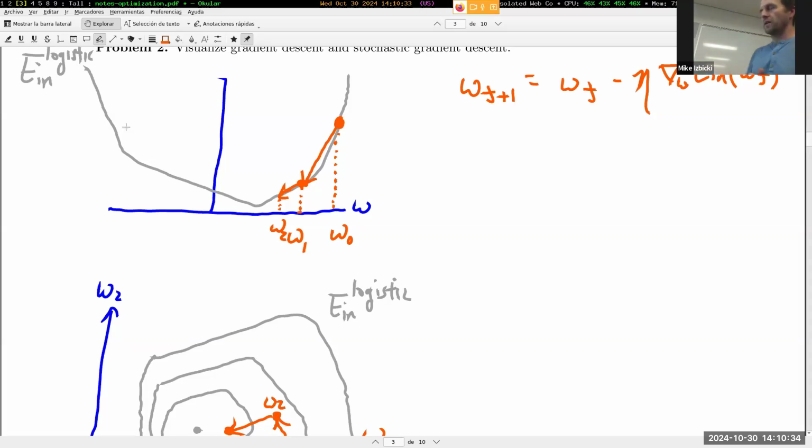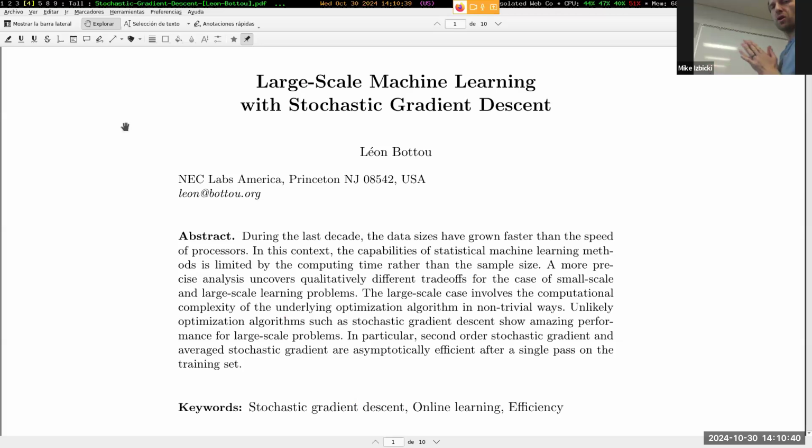What I'm going to do next is switch our screen for a second over to this Leon Bottou paper about large-scale machine learning with stochastic gradient descent. The textbook, again, doesn't really talk about the math or details behind gradient descent versus stochastic gradient descent, and so this is going to be our source on those formalisms.